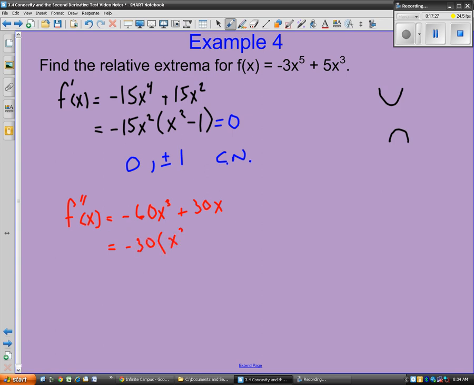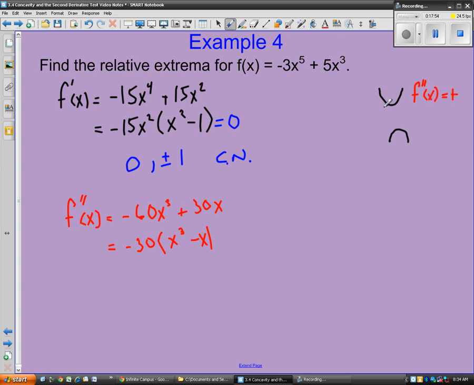But if I plug these critical numbers into the second derivative, and they get me a positive number or a negative number, then I'll have a relative max or a relative min, because remember, if our second derivative is positive, we're concave up, which means that critical number will give us a minimum.